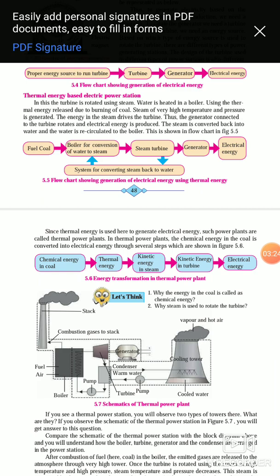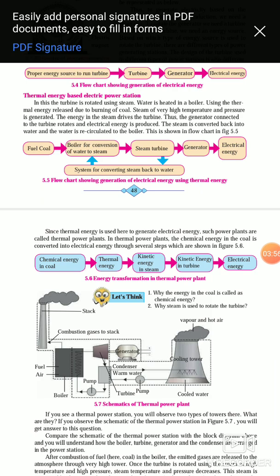Now, some problems occur in thermal power plants. Because of burning of coal, air pollution is created. That means gases like carbon dioxide, sulfur dioxide and nitrogen oxide are released from thermal power plants, which are very harmful for health. Soot particles, that means very tiny dust particles, are released due to burning of coal.